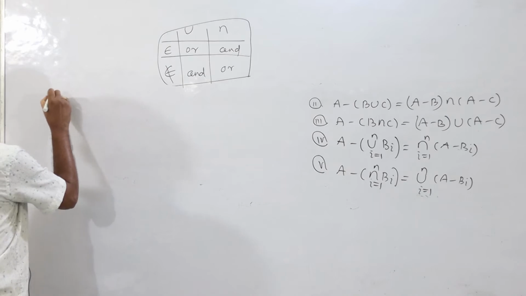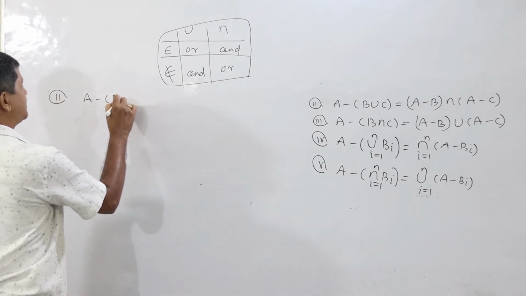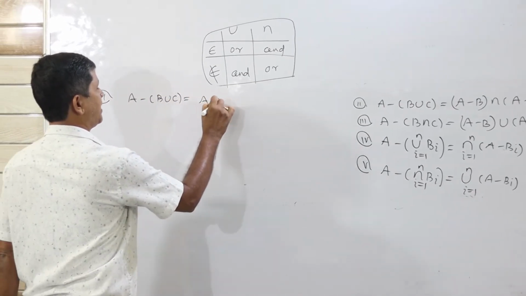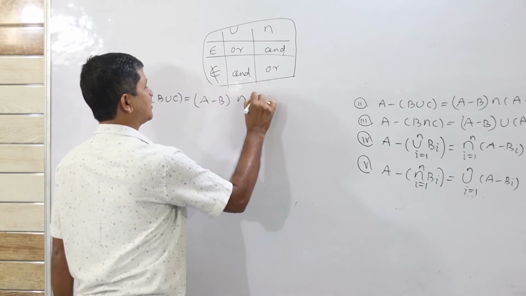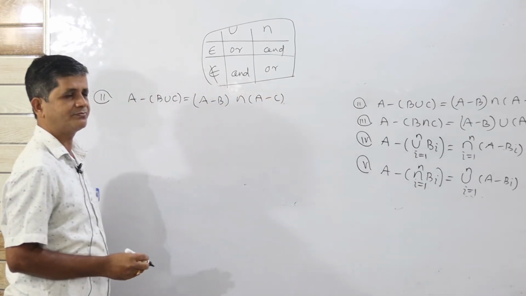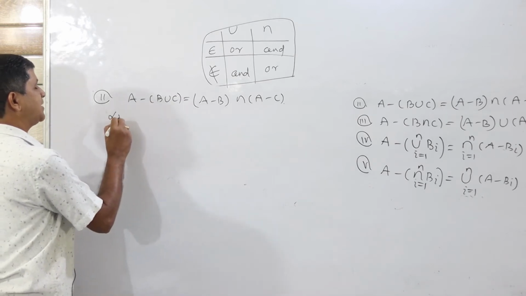Second bit, we have to show that A − (B ∪ C) is (A − B) ∩ (A − C). Now let us start from the LHS.